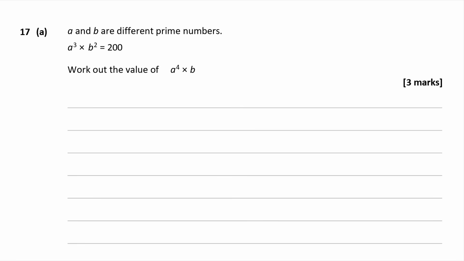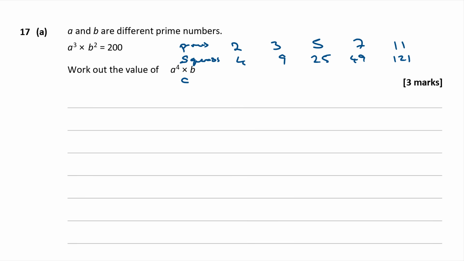Okay, so prime numbers, let's just do the first few primes. 2, 3, 5, 7, 11. I think I'll stop there because it's already quite big. And then squares, we're going to get 4, 9, 25, 49, and 121.